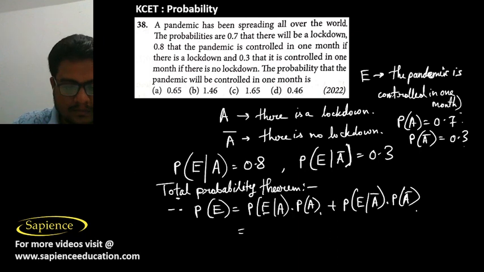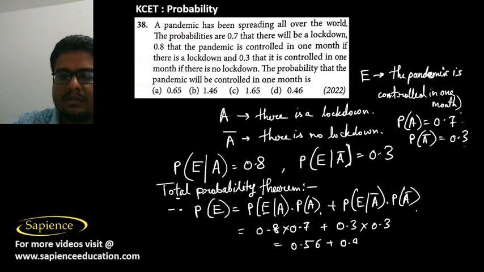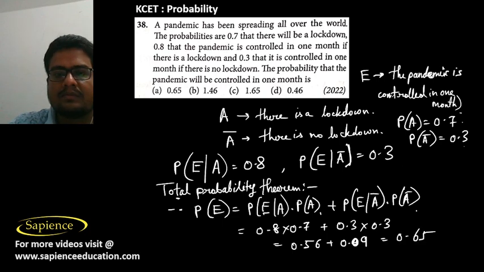Here P of A, the probability that there is a lockdown, is 0.7, and so P of A complement is equal to 0.3. So that will be equal to 0.8 into 0.7 plus 0.3 into 0.3. So this will be equal to 0.56 plus 0.09, which is 0.65. So option A is the correct one.